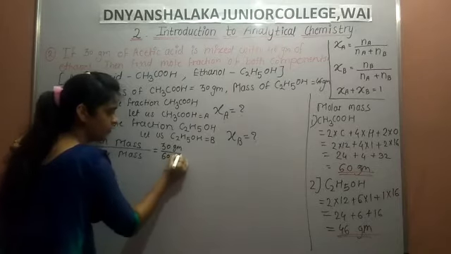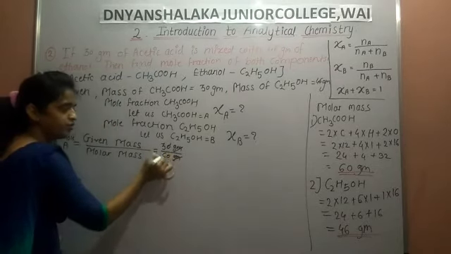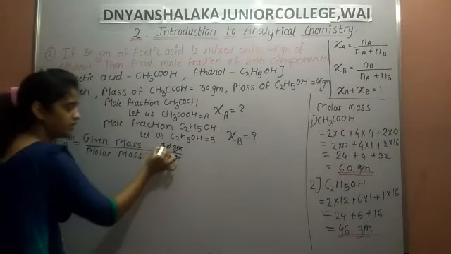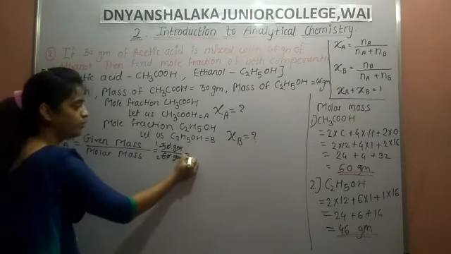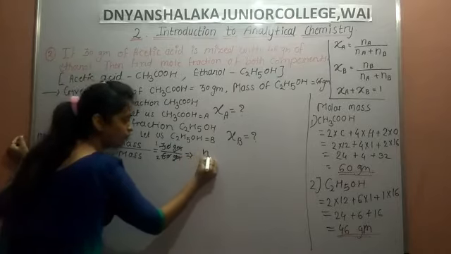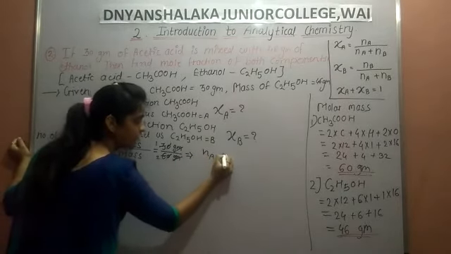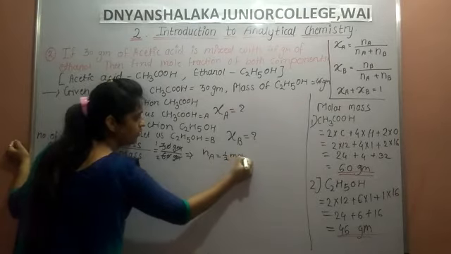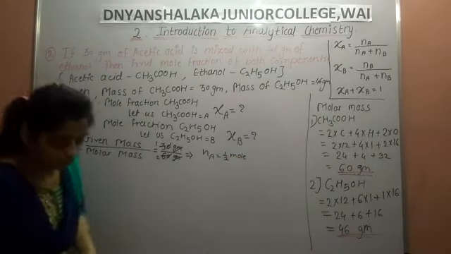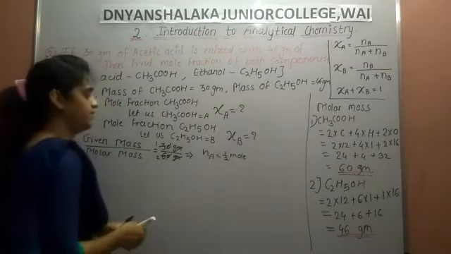The grams cancel out, the zeros cancel out, 3 ones are 3, 3 twos are 6. So we get the number of moles of A component equal to 1 by 2 moles, half a mole, of acetic acid.